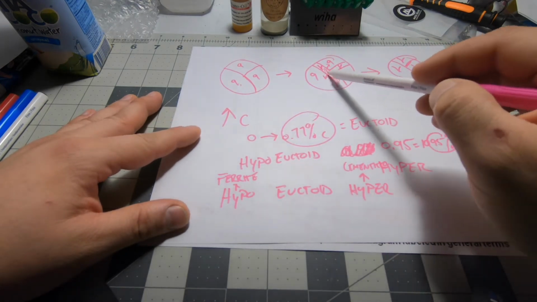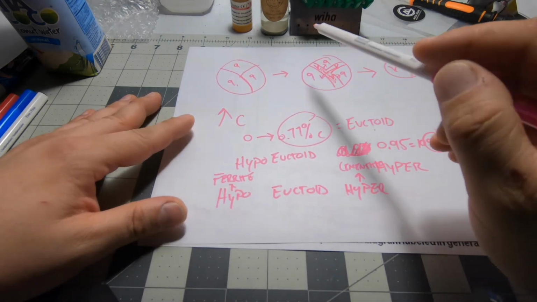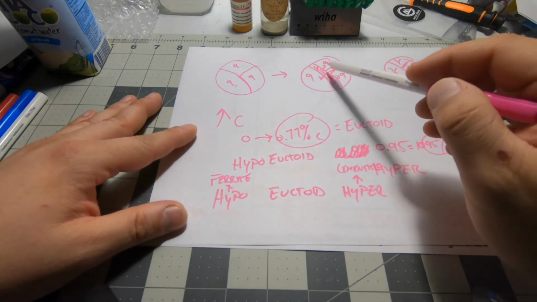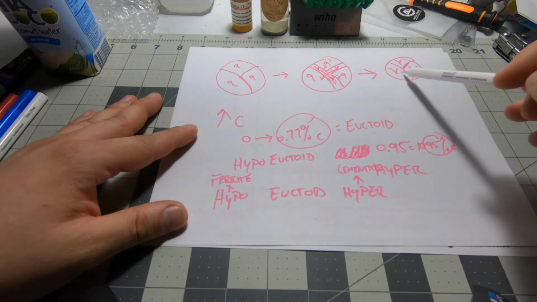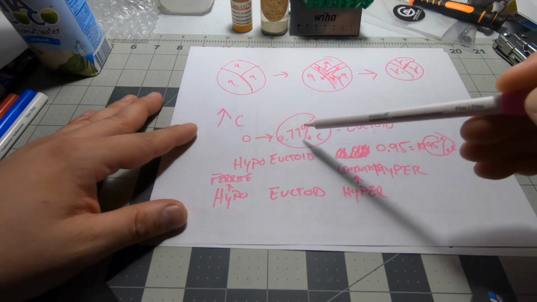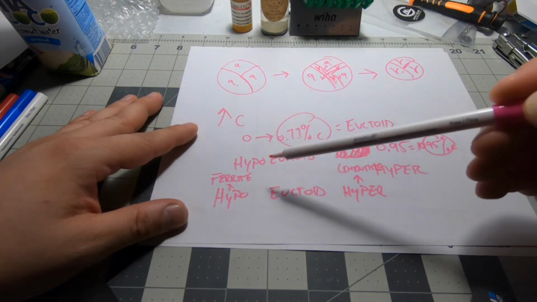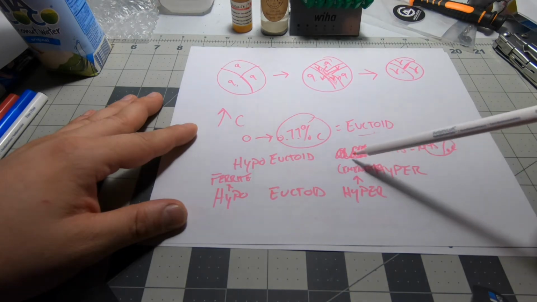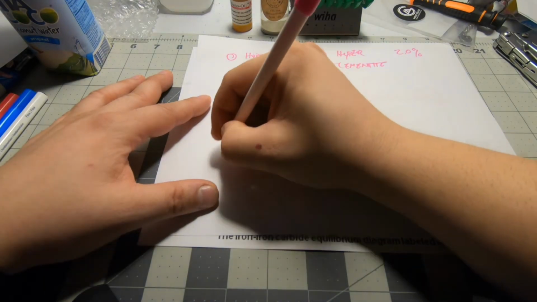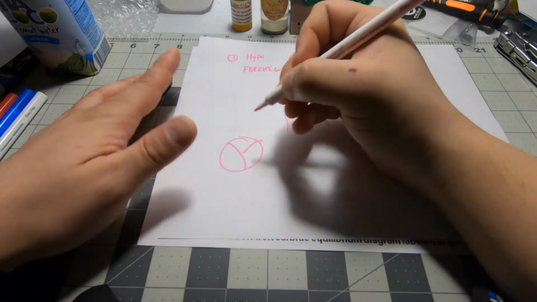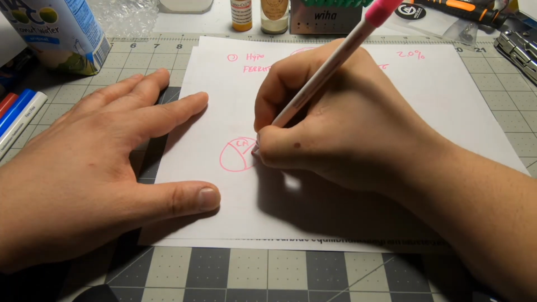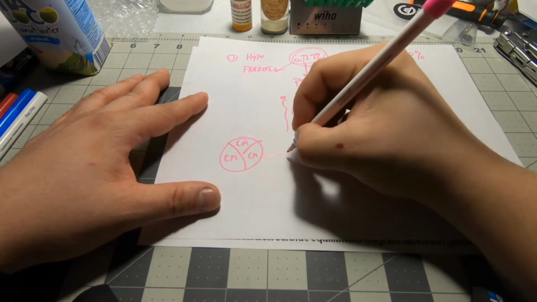We get that austenite growing at the grain boundaries and then turns full austenite, or gamma iron. Anything greater than the eutectoid stage, we get hypereutectoid, and then we start to grow cementite. So that's going to look like this. Or I mean, we're going to grow austenite.